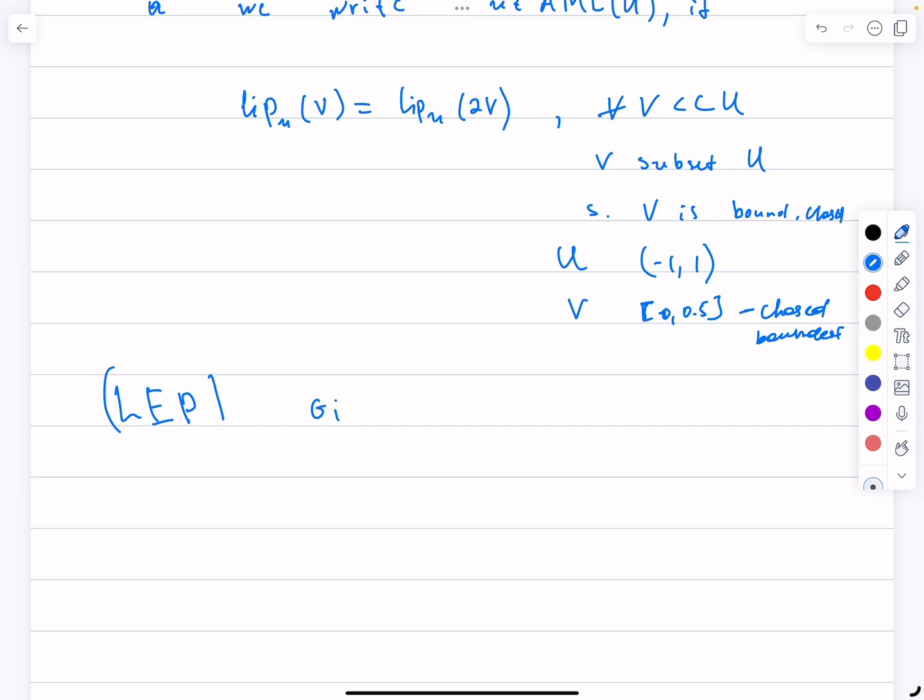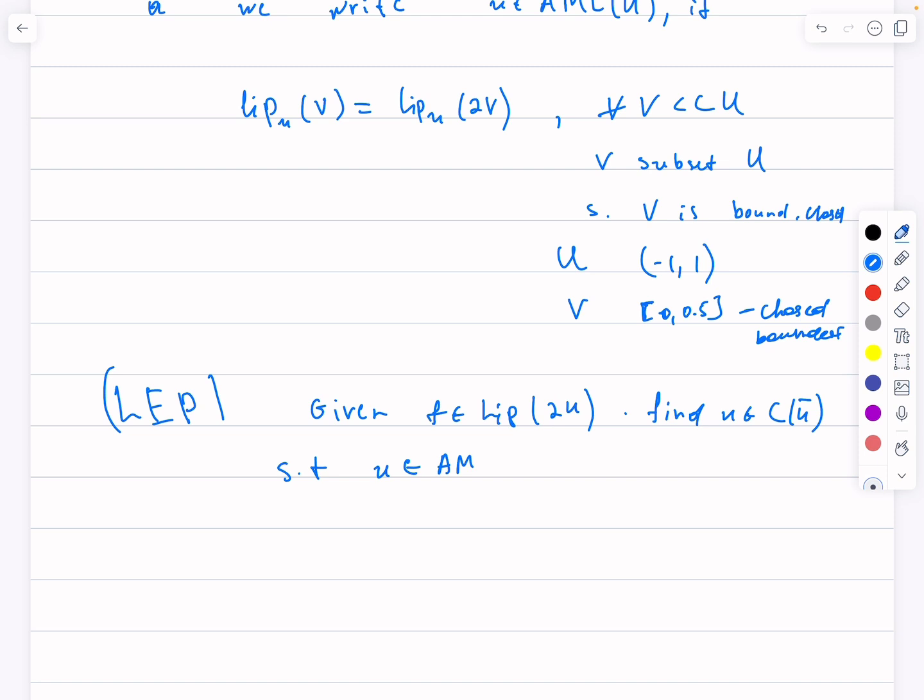It was given f on the boundary of U. We have to find u which is continuous in the whole domain such that u is absolutely minimizing Lipschitz in U, and u is equal to f on the boundary.